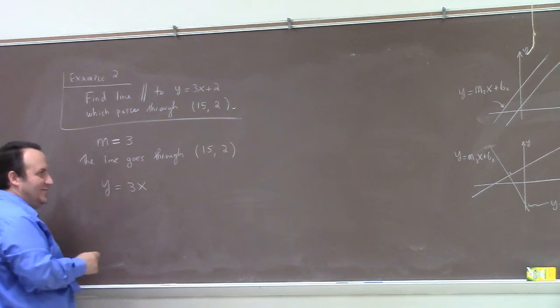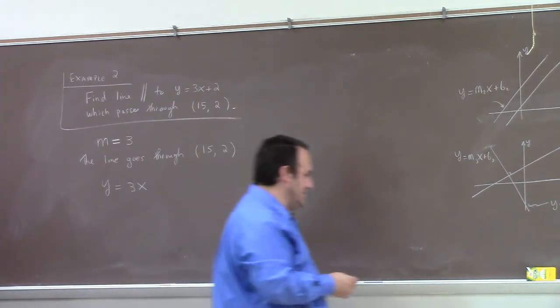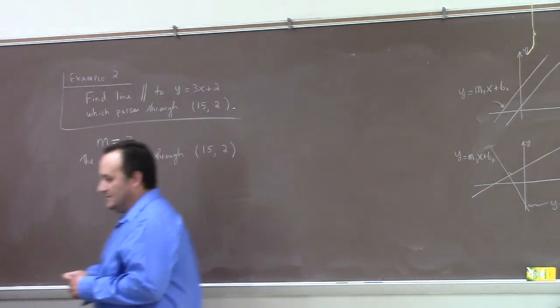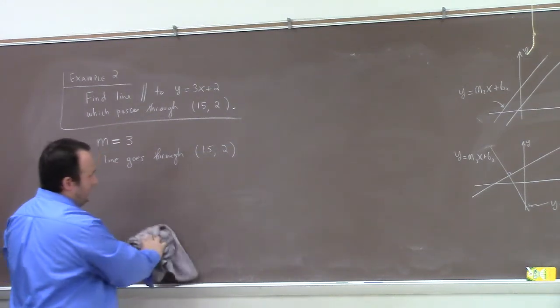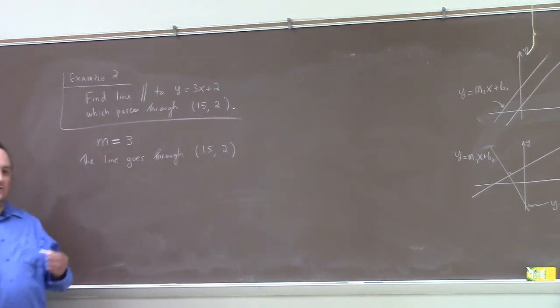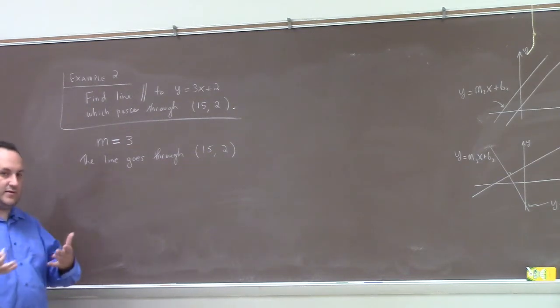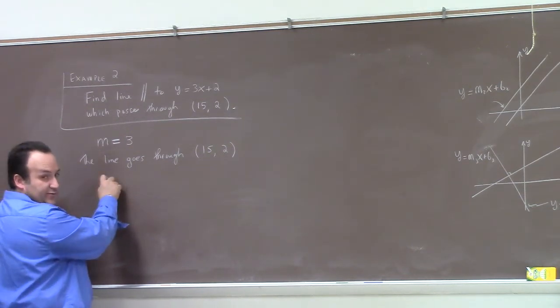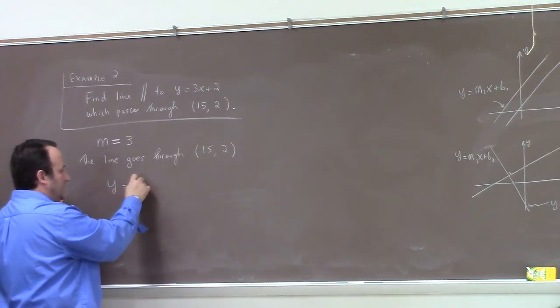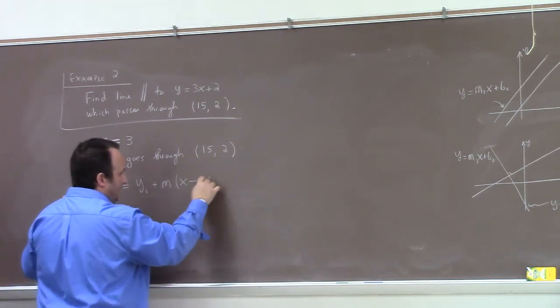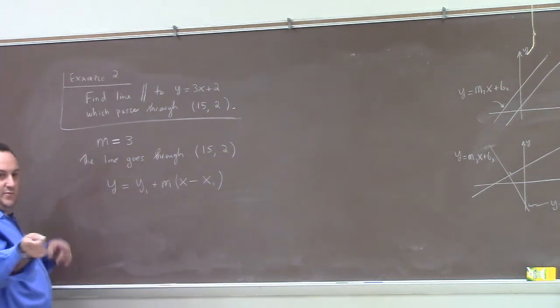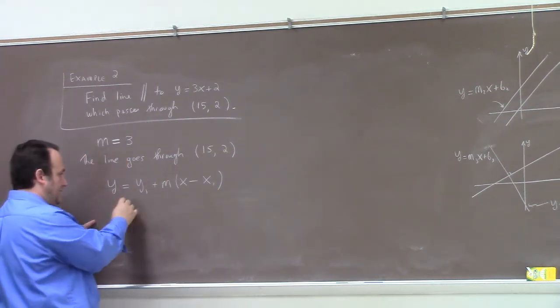No, no, no. That's not going to quite do it. The way I would typically do this is I would go back and use point slope, right? So we have y is equal to y1 plus m times x minus x1. But you told me m was 3, right?